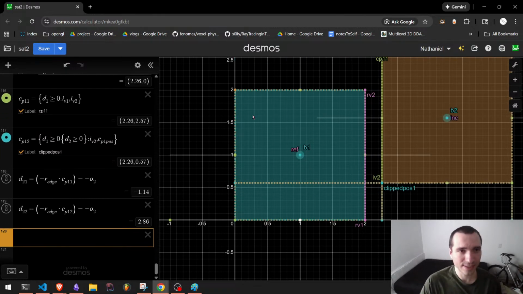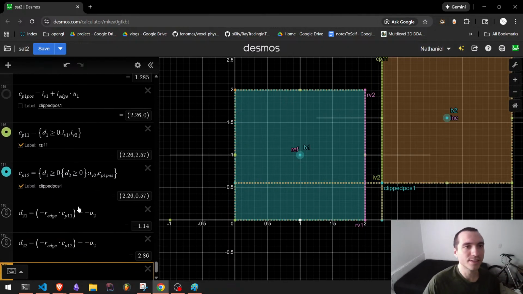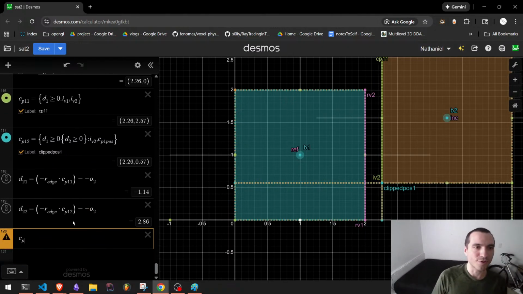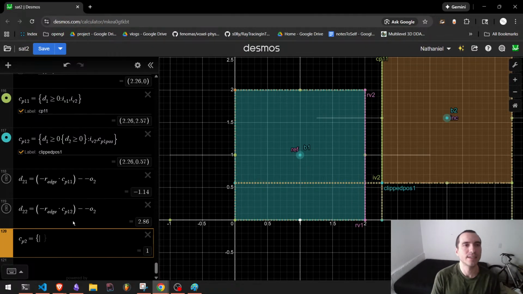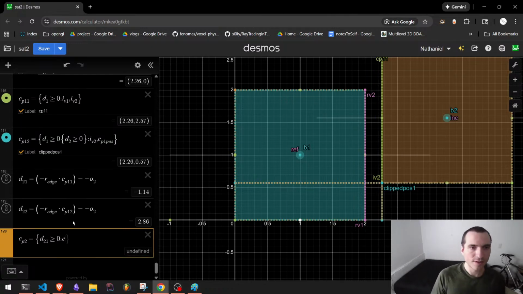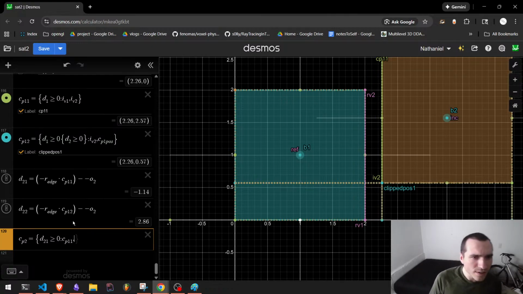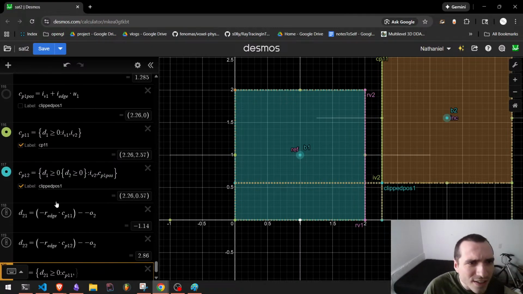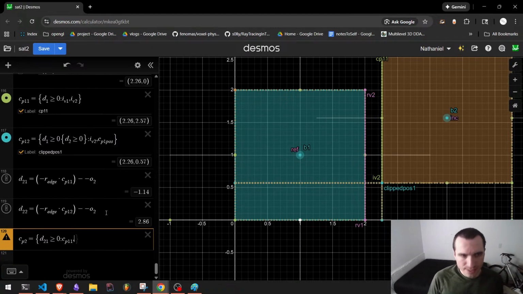And so we're going to need to do the same thing, where we can just call this clip point 2. And we can say if D21 is greater than or equal to 0, we can feed in incident vertex 1 or CP11. Or it's going to be CP12.